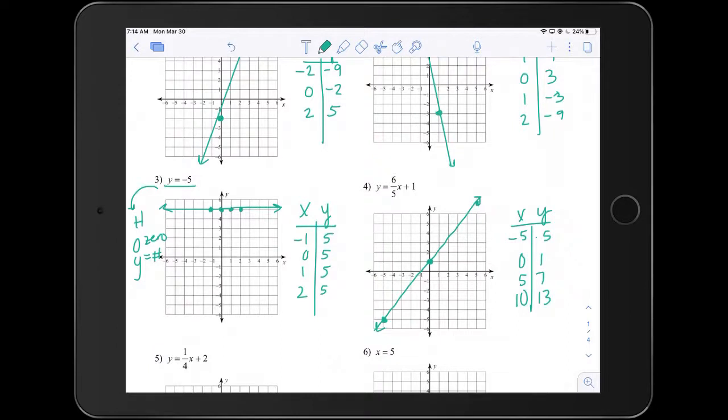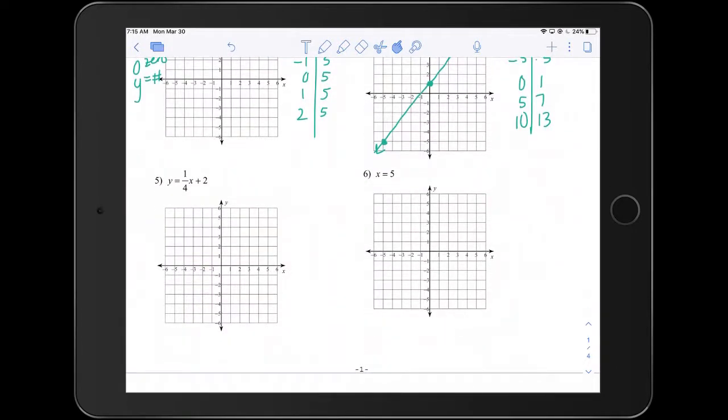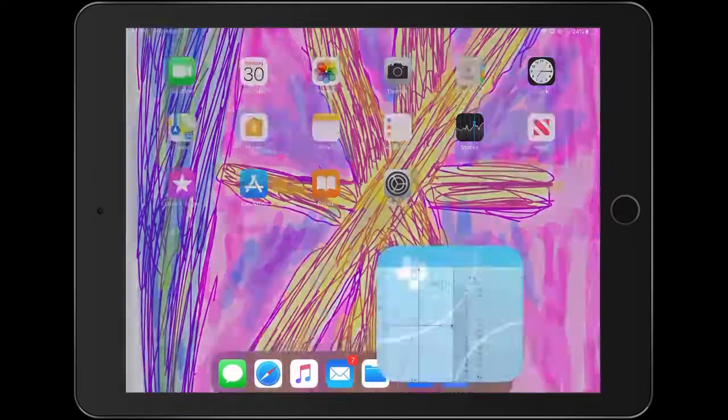All right, our next example, I have y is equal to 1/4 x plus 2. So go to your graphing calculator.